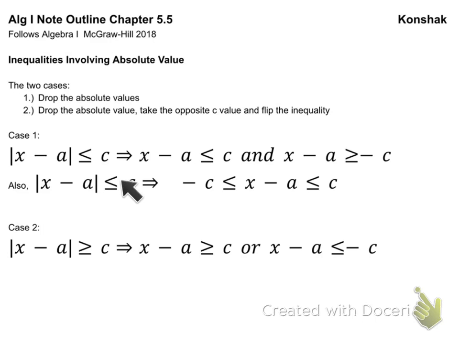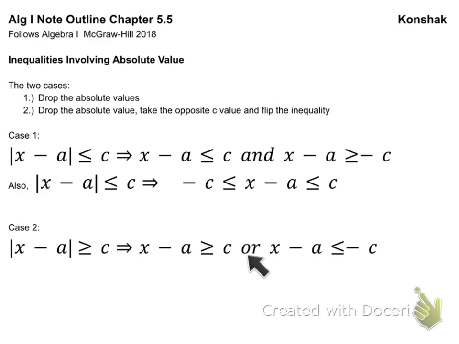We also don't worry about this line right here. I think we're just going to skip that. We're going to keep them separate because if you remember from the last lesson on compounds, eventually you could write it as one single inequality. Case 2, what happens if it's a greater than or equal to? Again, drop the absolute values, x minus a. Keep it the same, it's greater than or equal to c.